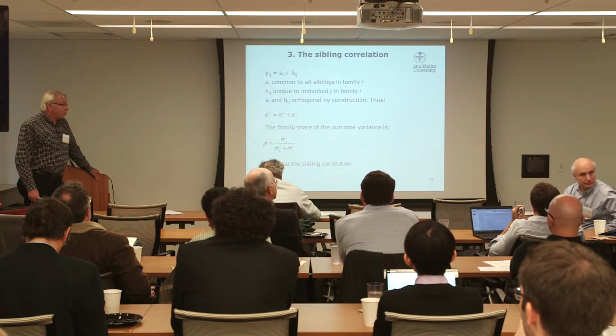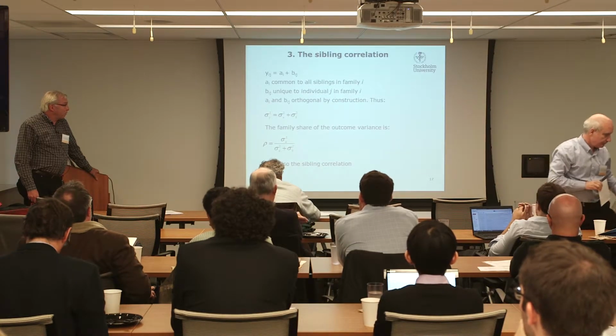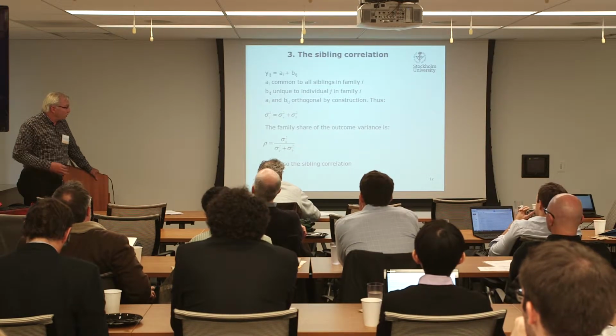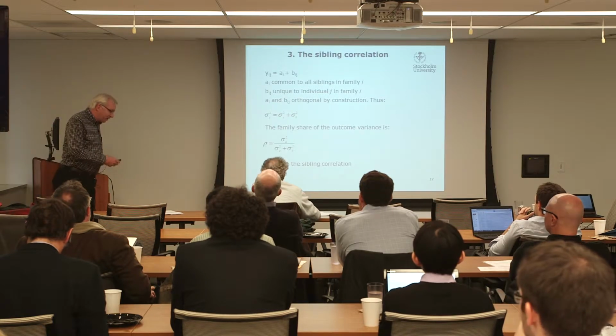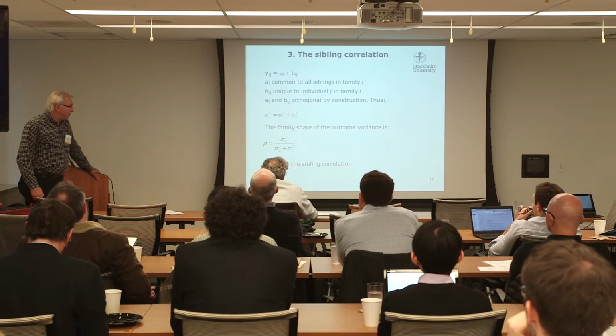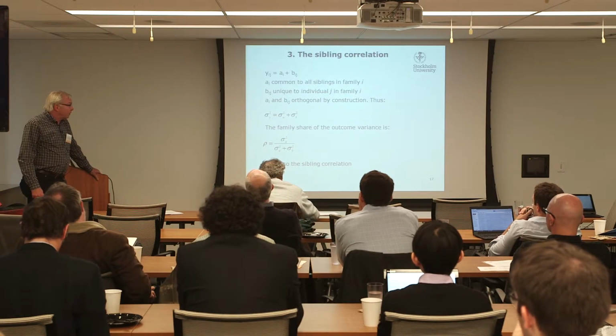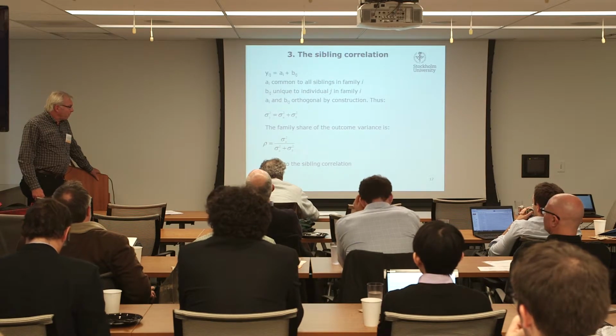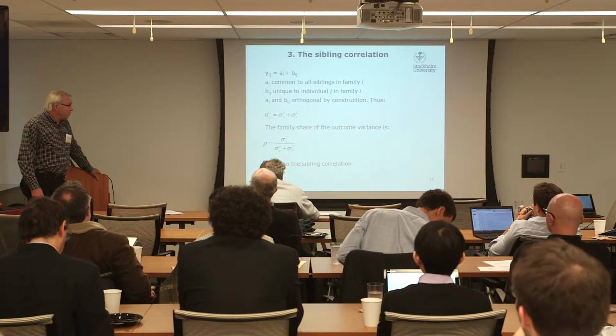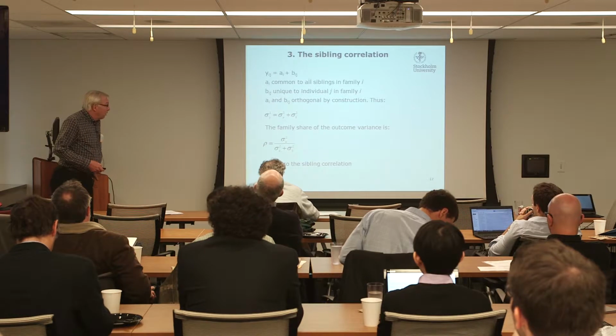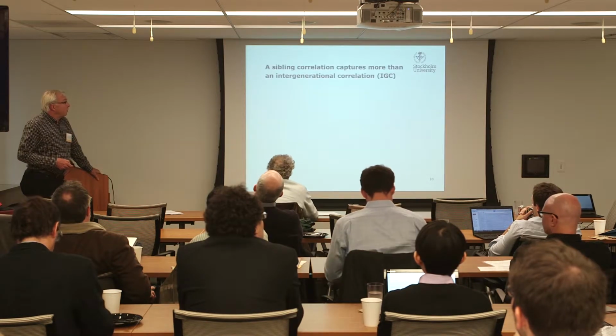And then, of course, the family share of the outcome is this ratio, which also happens to be the sibling correlation. But what I think is appealing here is this ratio. And that's what's important.